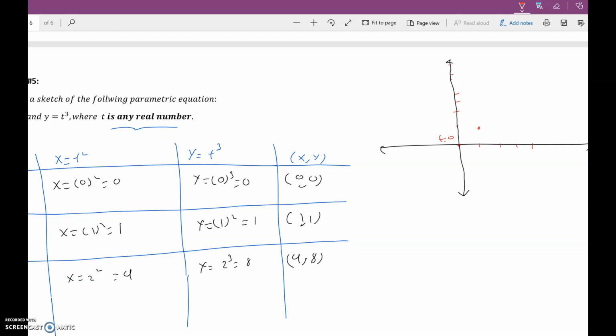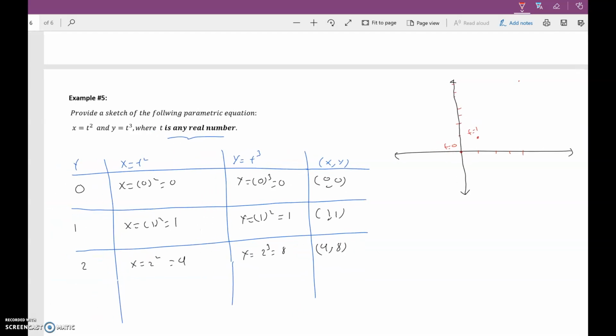Not to scale, but it's going to be way out here. So this is t is equal to 1. And this is t is equal to 2. Okay, so this is the approximate shape of this one. So it's going to be going in this direction as t increases.